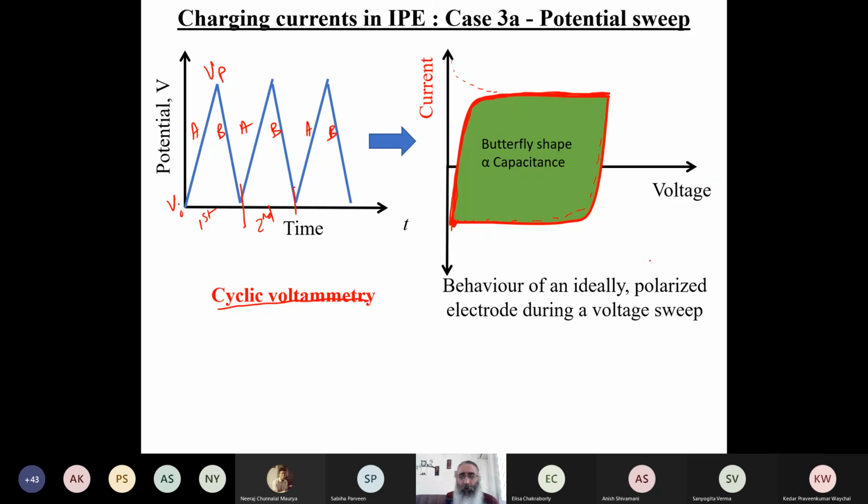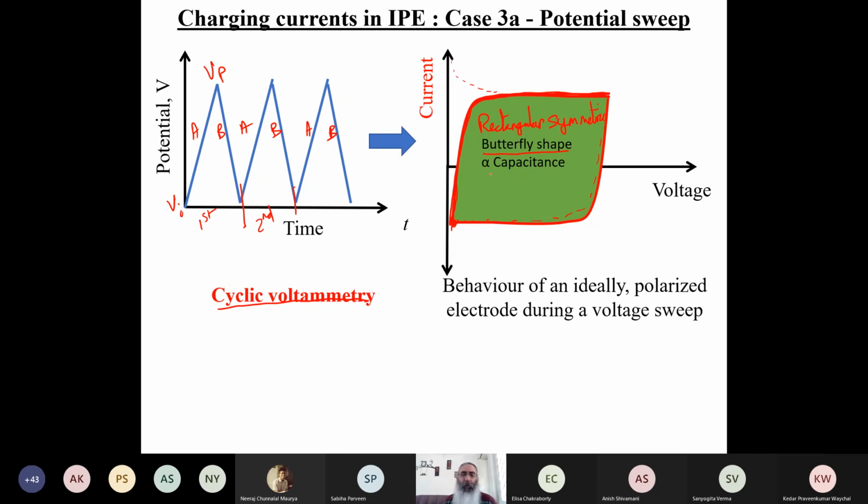So now going back to this, that is what we call a butterfly shaped curve. In literature you call it a butterfly shaped curve because it looks like the wings of a butterfly, or you can call it in a more precise way a rectangular symmetric curve, because there is perfect symmetry. The magnitude of current, the transient, everything is going to be the same, whether you look at the positive side of current or the negative side of current.